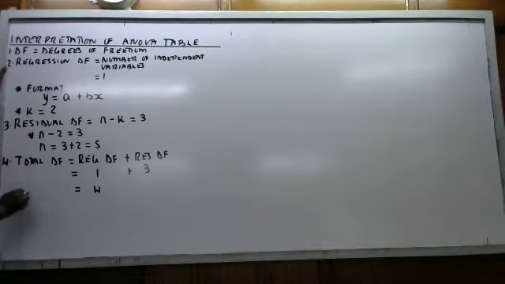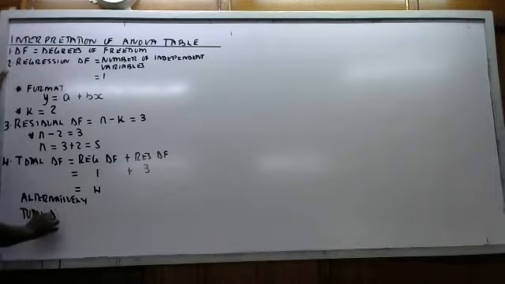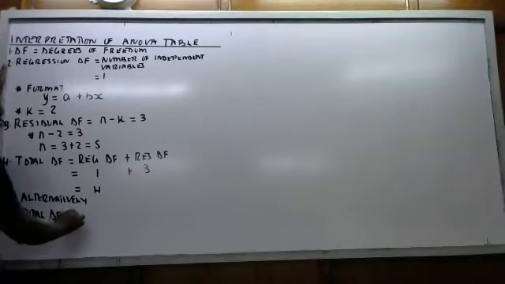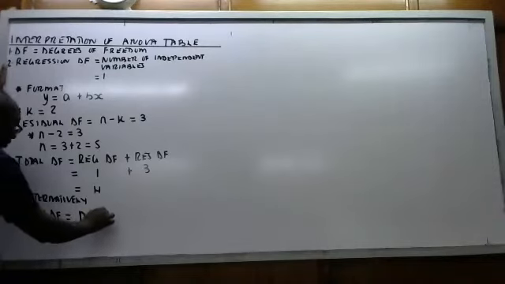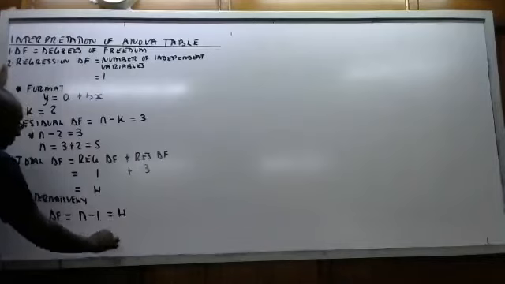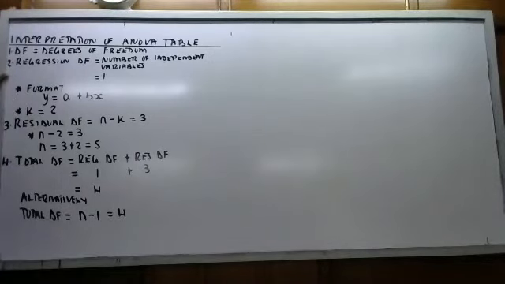Before we move out of that, you say alternatively, total DF is equal to n minus 1, which is equal to 4.